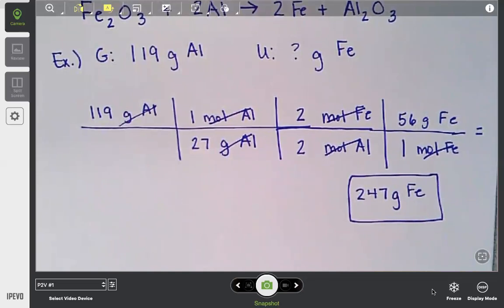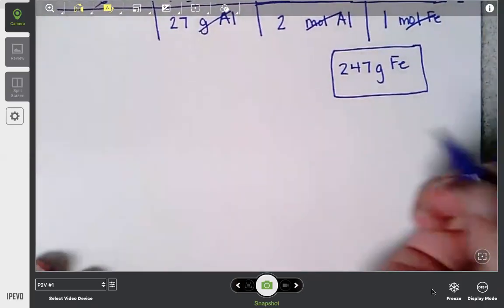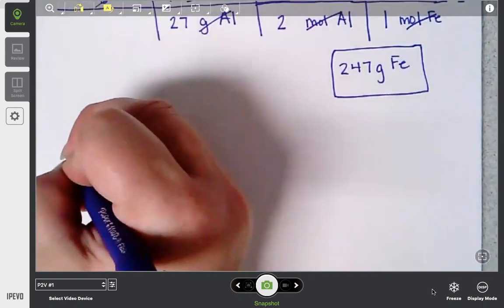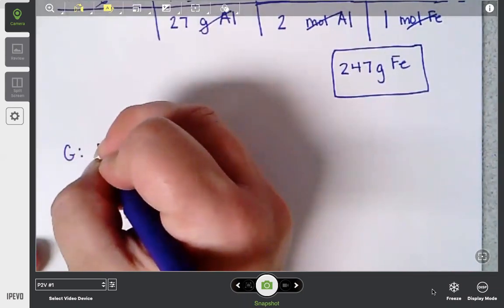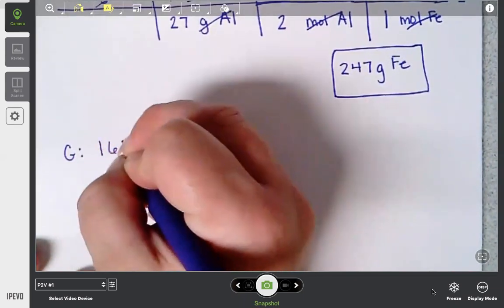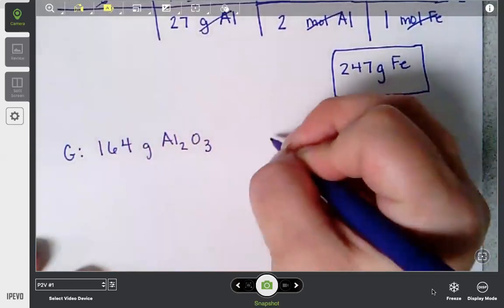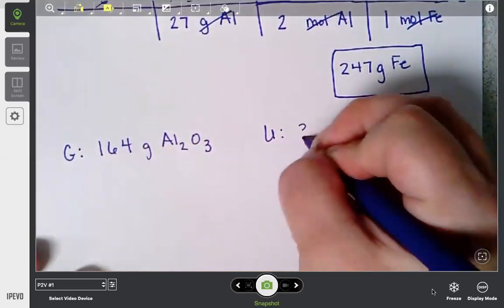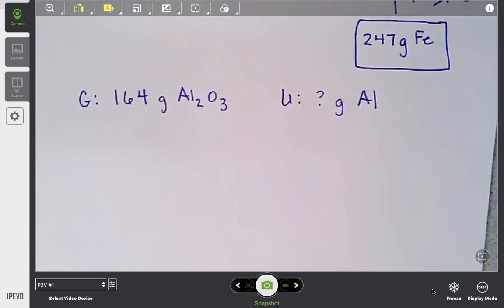Questions? Nope. Good. All right, you try one. We'll use the same equation. All right, give it a go. See if you can get the right answer.